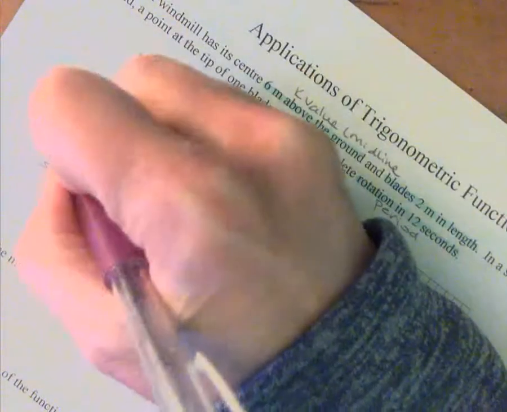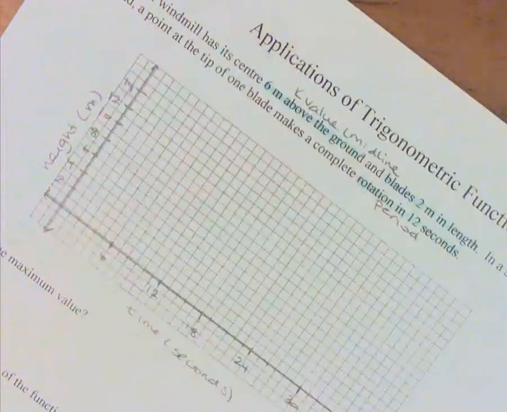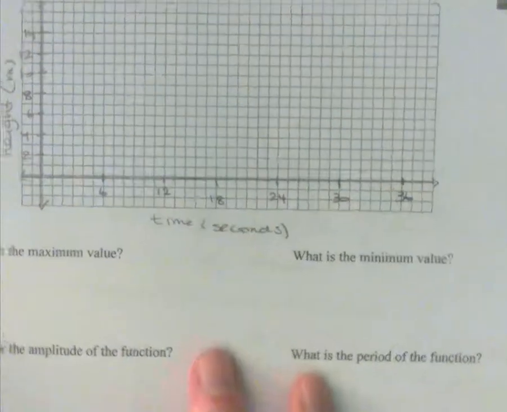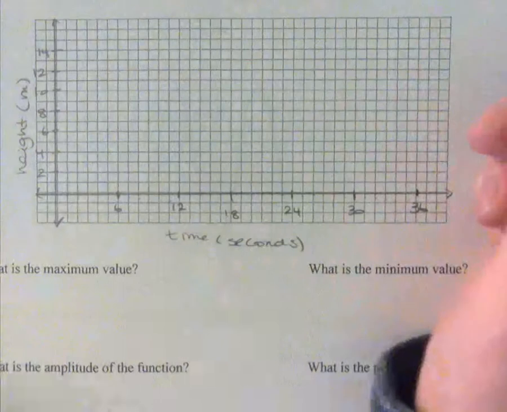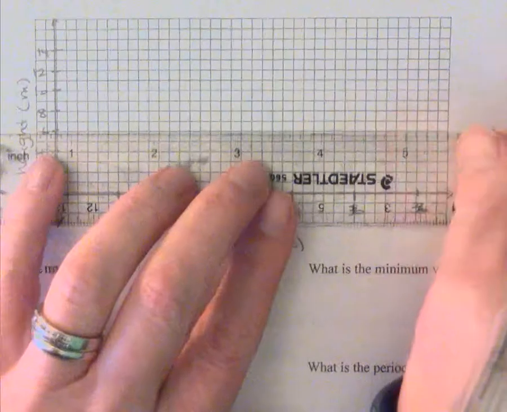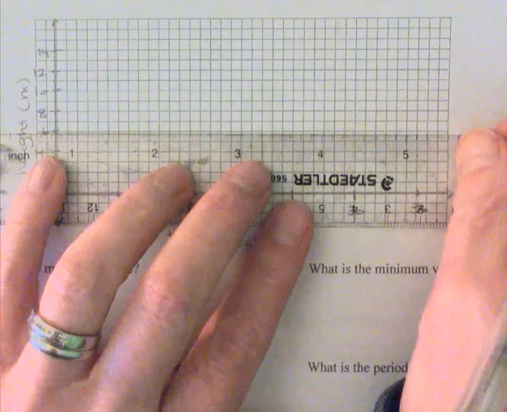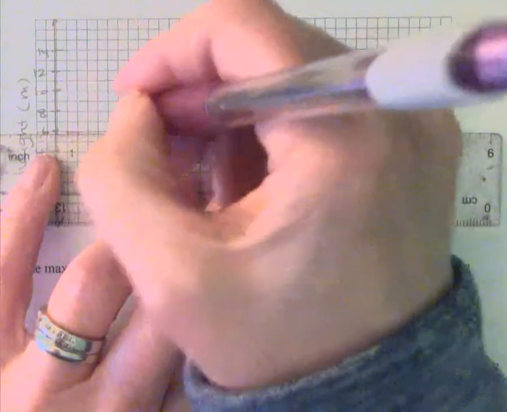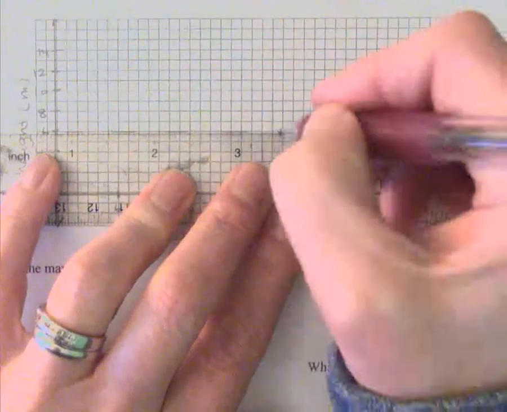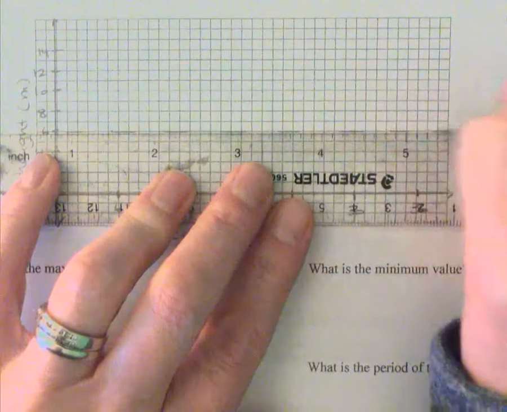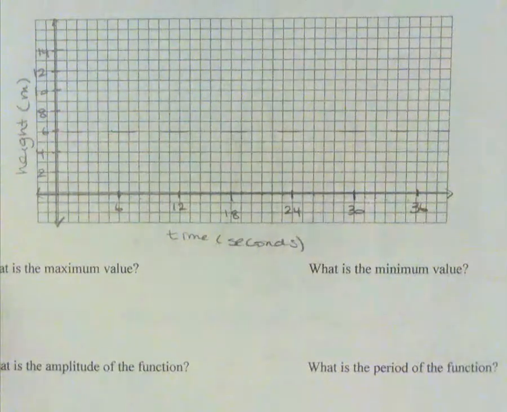And this will be my height. My midline is at 6. I already know that, so I'm going to draw that in. It helps me graph a little bit easier. Okay, so I've got that in as well.